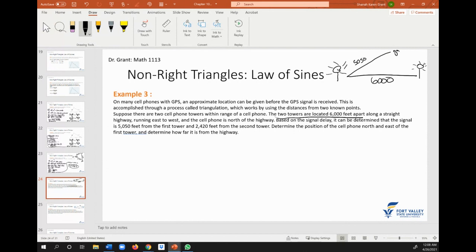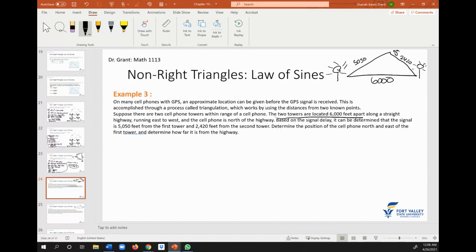Okay, so my cell phone is 5,050 feet from the first tower, and then it's 2,420 feet from the second tower. Very good.